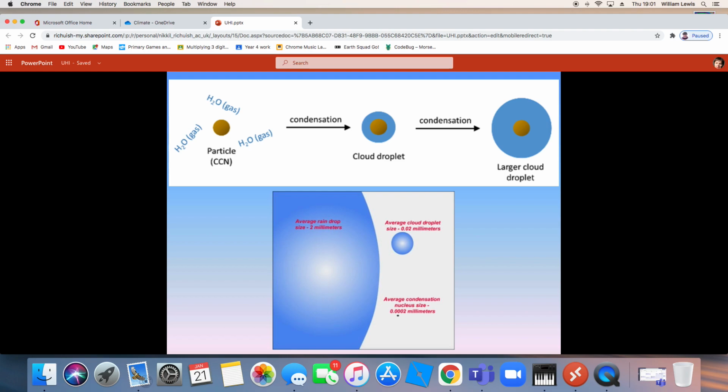Now, one of the reasons it tends to rain more in cities is because pollution gives you more of these condensation nuclei, all right? The factories, the cars, the burning of stuff in fires will give you more pollution. And that is why it is wetter.